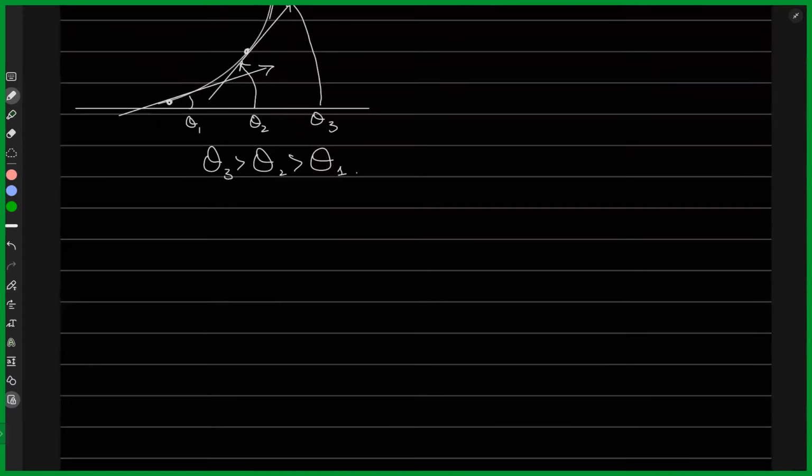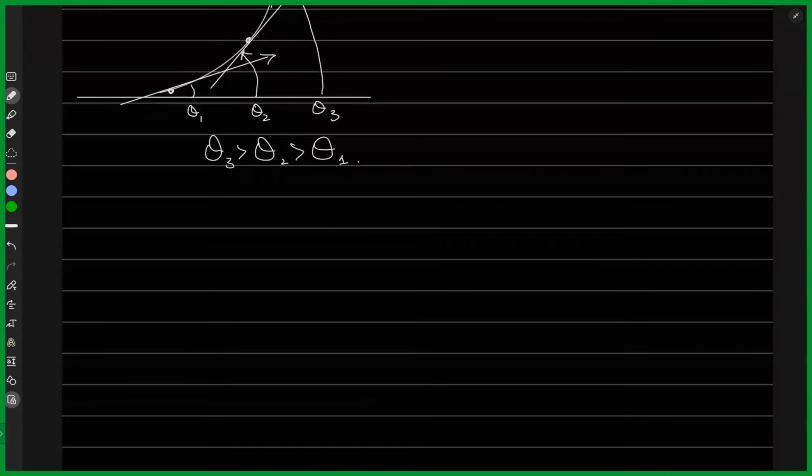Okay, so now suppose I could also have a shape that looks like this. Again, by the same reasoning, see the gradient here is like this. The gradient here is something like that.